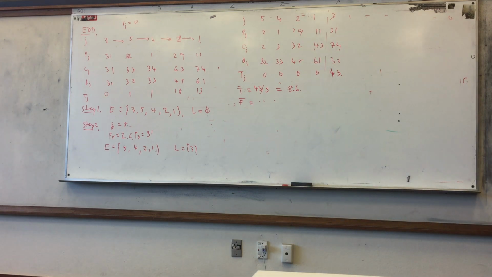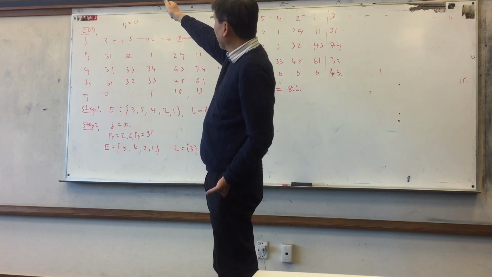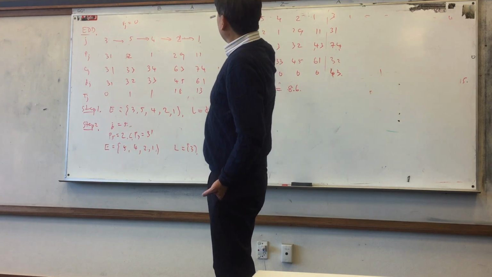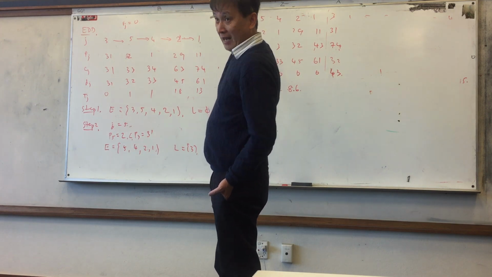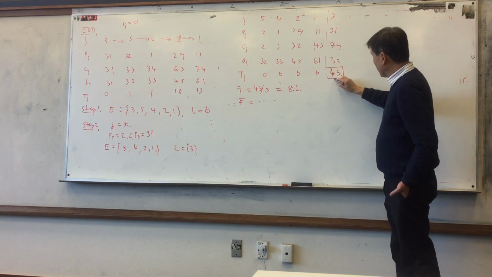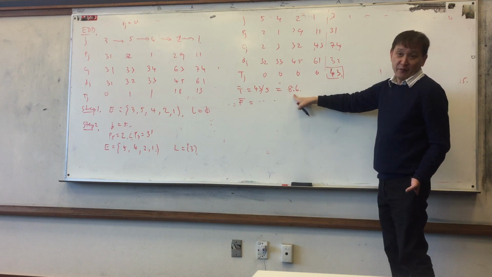Now, it's much greater than the previous one we calculated. Remember, when we calculated that one, we got a mean tardiness time of 6.2, but we had 3 different tardy jobs. Here I only have 1 tardy job, but I do have a larger average.